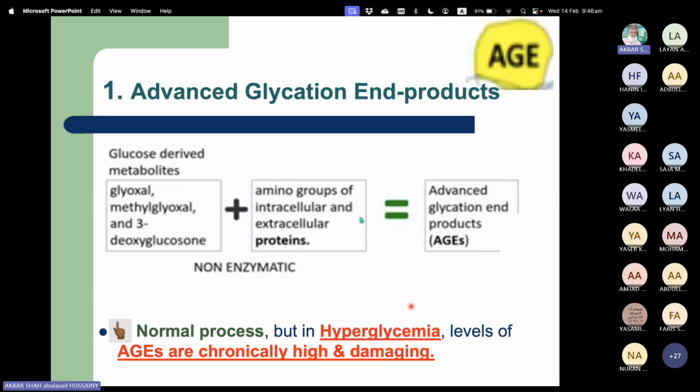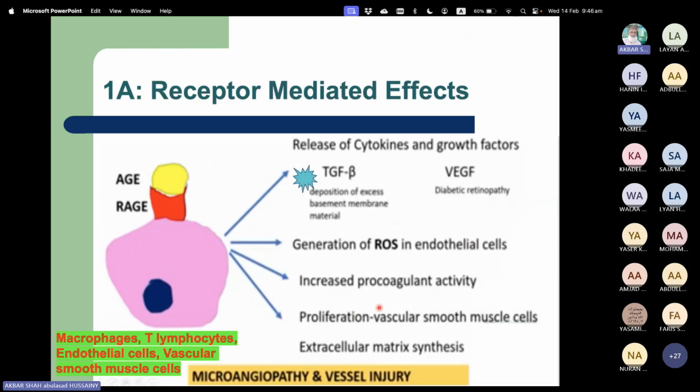But when there's hyperglycemia, this will lead to excessive AGE formation, and it remains for a long time, as we see in the HbA1c case, which becomes positive after 3 months. So this is normally happening, but in hyperglycemia, it is severe.